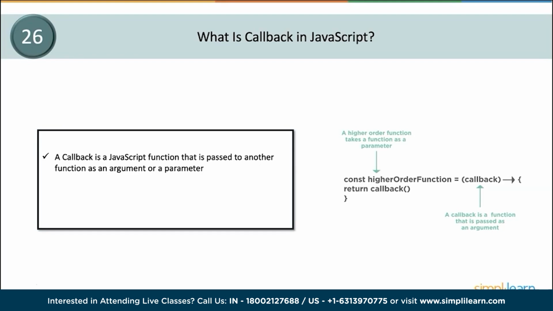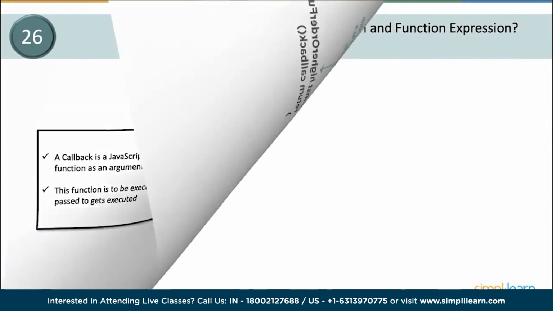It continues to move on. If for some reason your function is taking some time to execute, JavaScript won't wait for that particular function to finish. So you use a callback to prevent such behavior. That's called a JavaScript callback.